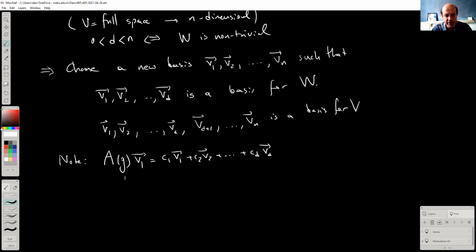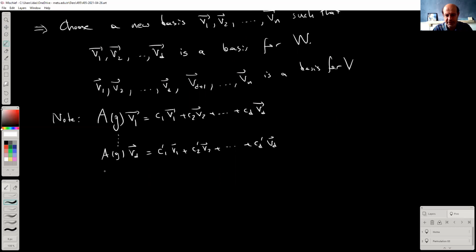So I'm just going to repeat the same argument again. So A of G applied on VD, for example, because of the invariance property in here, let me call this C1 prime V1 plus C2 prime V2 plus CD prime times VD. Because the W is an invariant subspace and V1 to VD are just a basis for that W, we get this property.